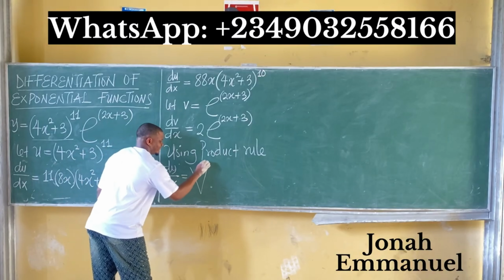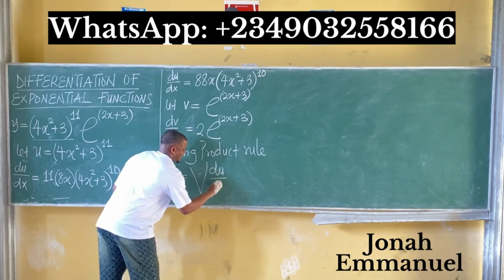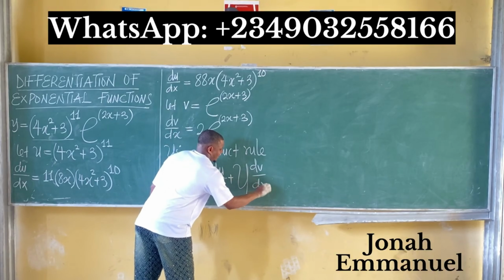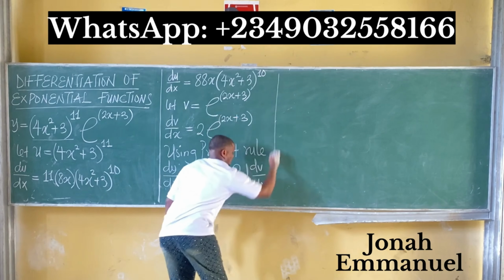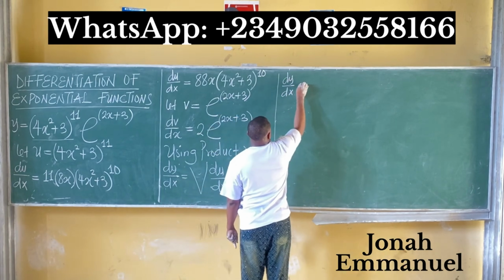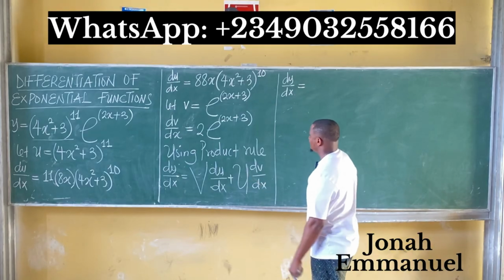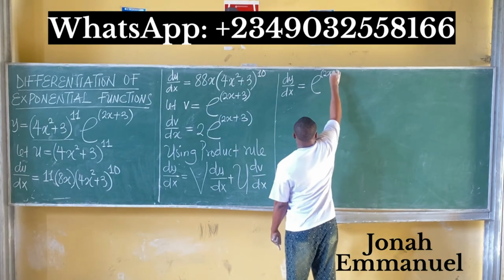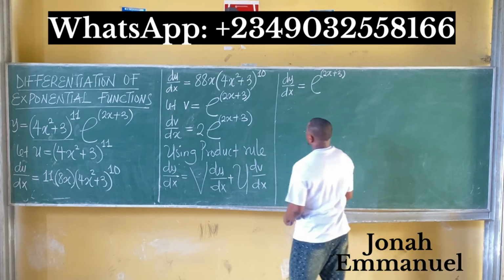So it's v du dx plus u dv dx. So dy dx is equal to, please give me v. What's v there? Exponential. This is v.